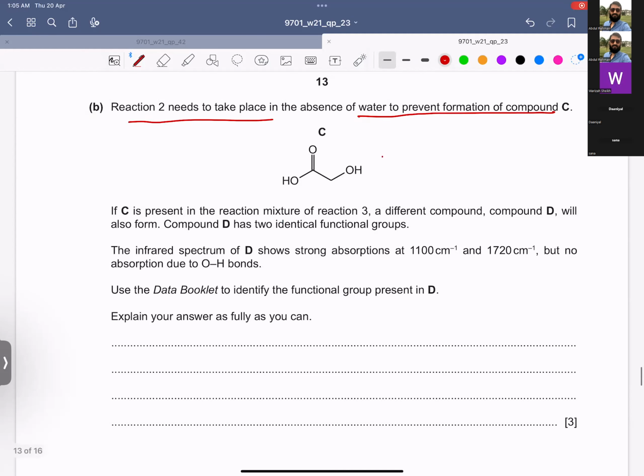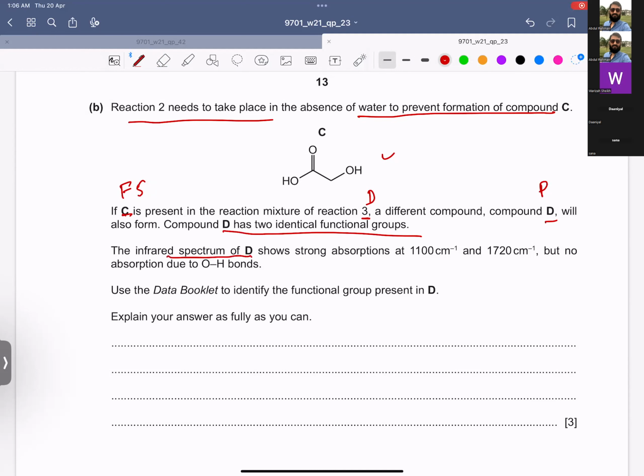If C, this is compound C, is present in the reaction mixture of reaction 3, okay, a different compound, compound D, and compound D has two identical functional groups.